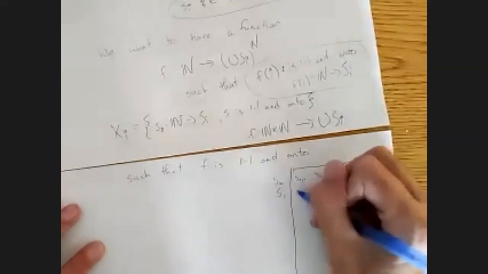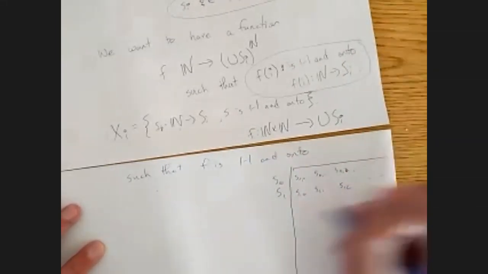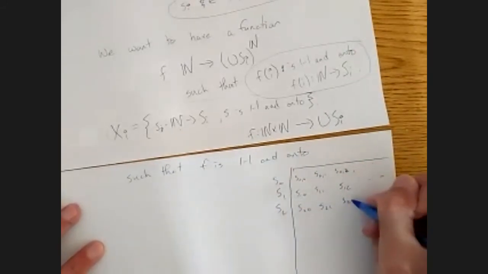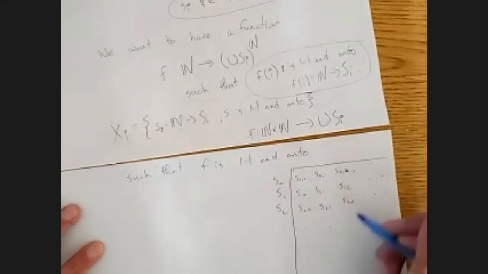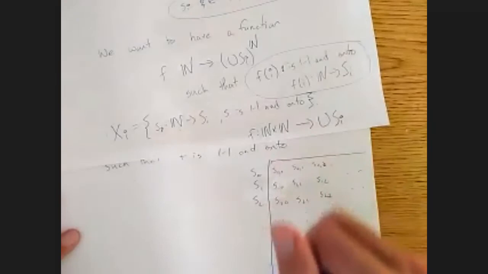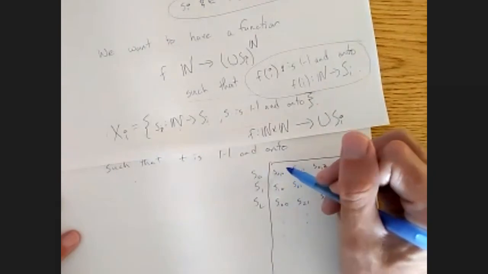And then S1 looks like S1,0, S1,1, S1,2, and so on. And S2 looks like S2,0, S2,1, S2,2, and so on. Okay. And this gives you your function from the Cartesian product of the natural numbers to the union of all the S's. And then you just do what you do for the Cartesian product.